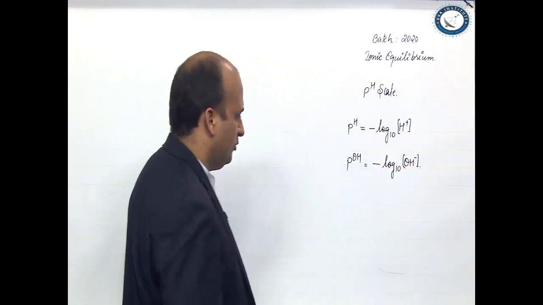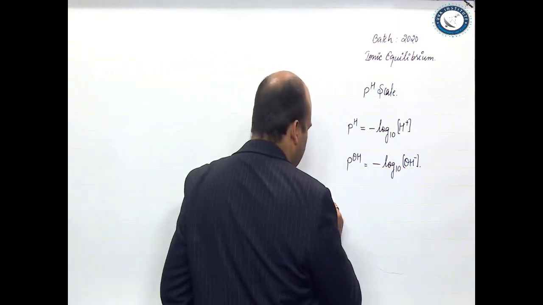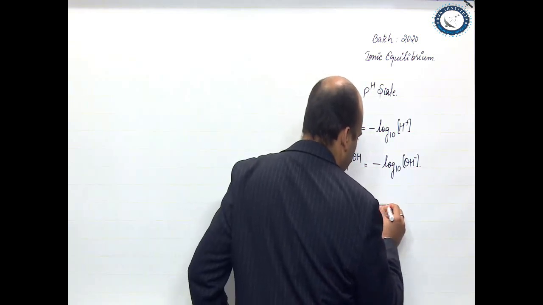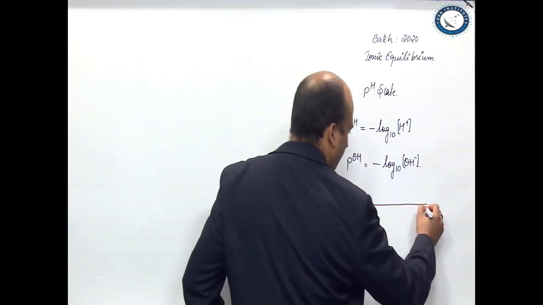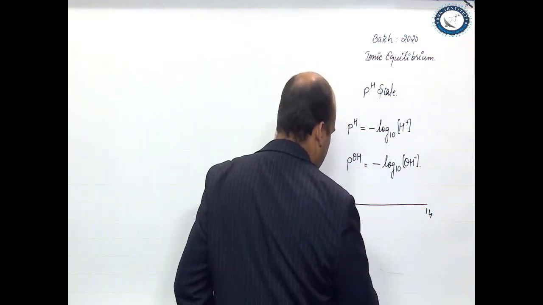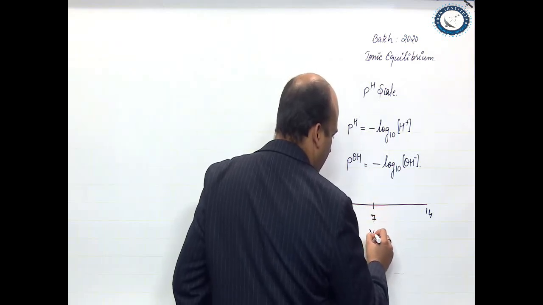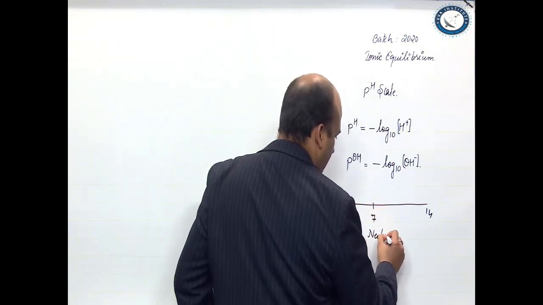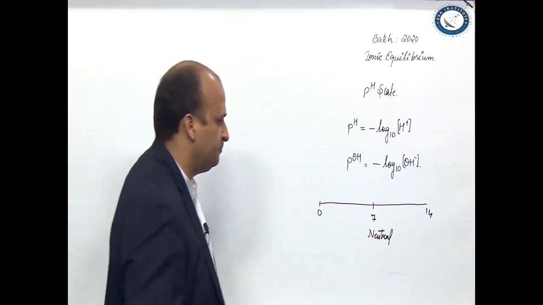Now, the pH scale is varying from 0 to 14. Now, 7 pH means that the solution is neutral, means equal acidic and basic character.